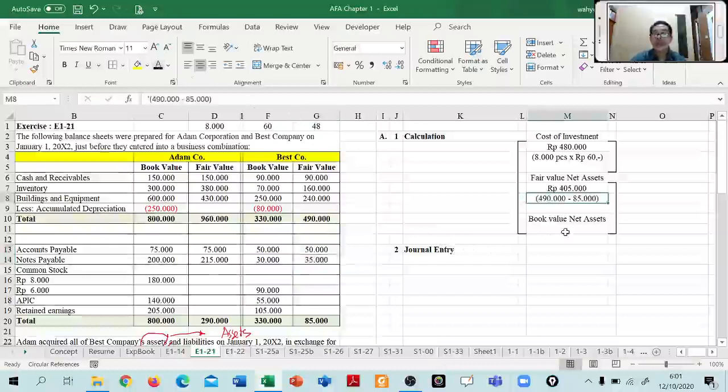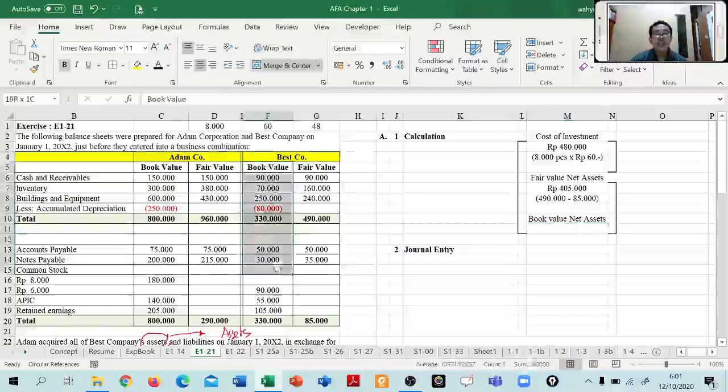Okay, and book value, the book value of net asset. So we focus on the base company and book value.